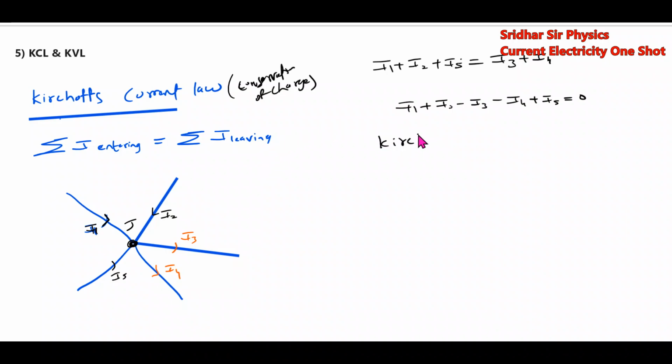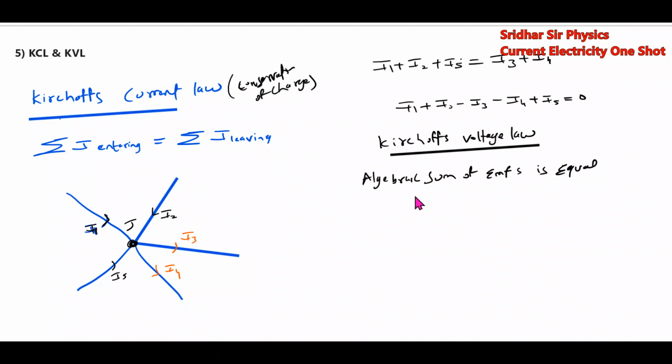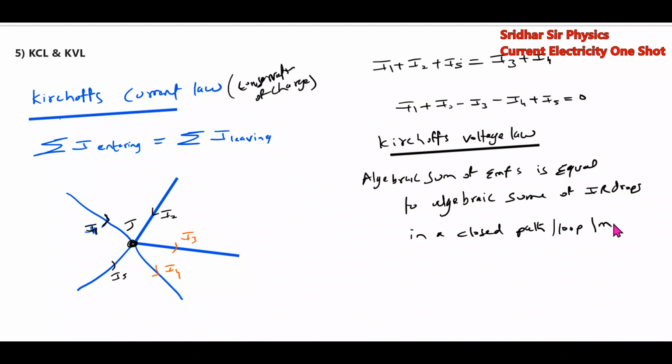Next we'll take Kirchhoff's voltage law. It says the algebraic sum of EMFs is equal to the algebraic sum of IR drops in a closed path or loop or mesh.